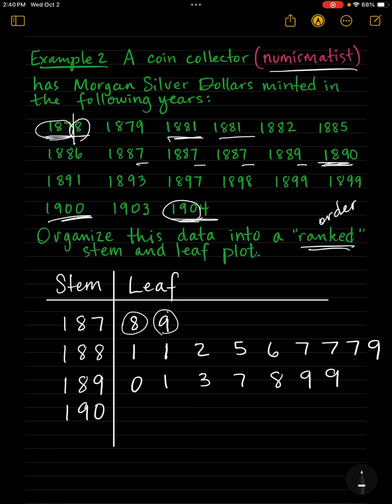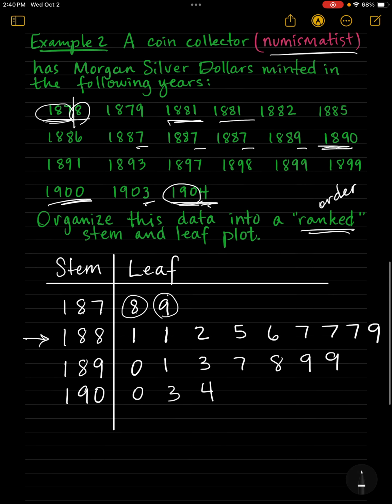I need 1900, so that'll be a 0. I need a 3 and a 4. So here we can see for this coin collector that most of their coins were in this particular decade, the 1880s. So that's how you make a stem and leaf.